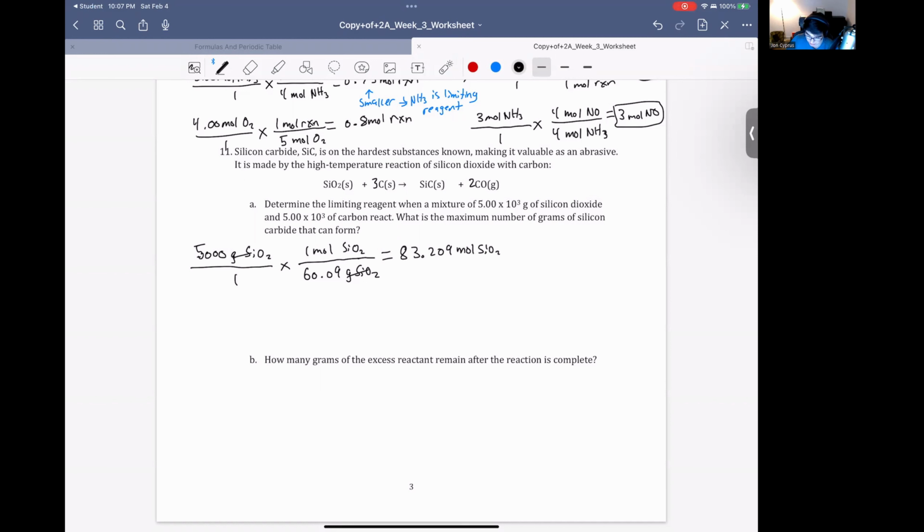Now I do want to divide this by the coefficient. All right, moles of silicon dioxide. Right, it is 1-to-1. So for every 1 mole of silicon dioxide, I get 1 mole of reaction. So still 83.209 moles of reaction for silicon dioxide. All right, for this other one, right, this is 5,000 grams of carbon.